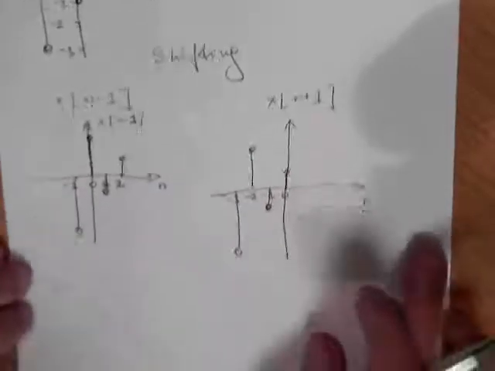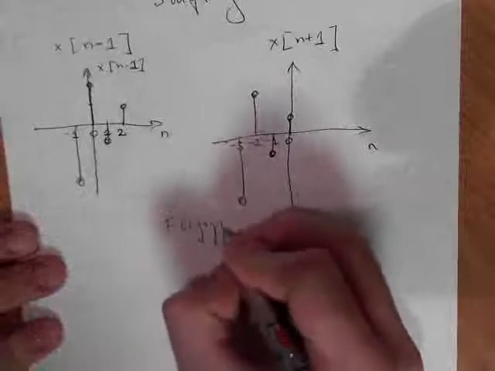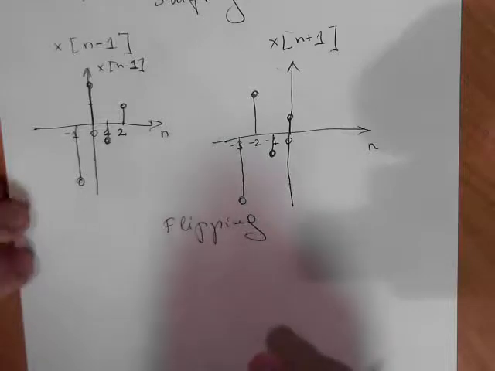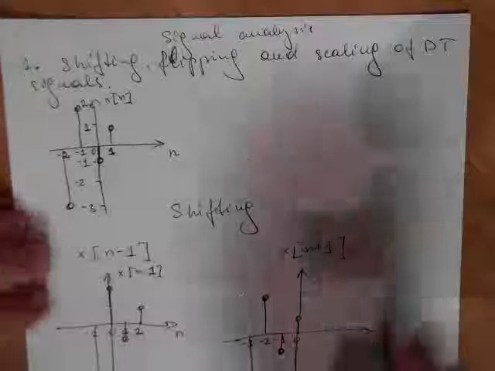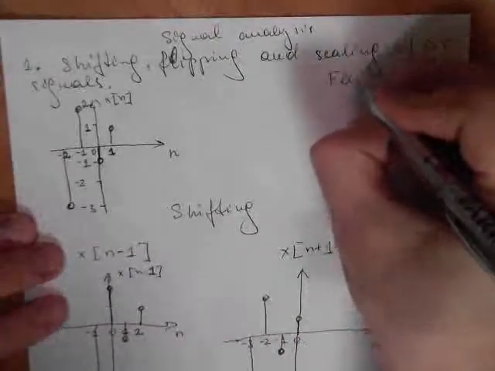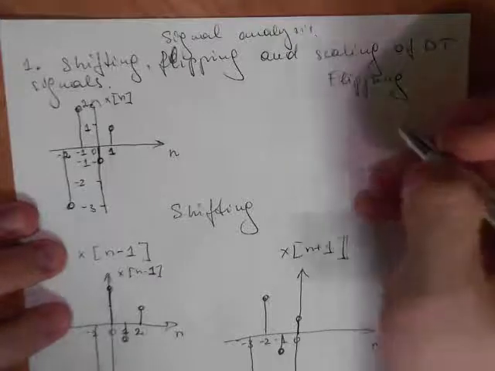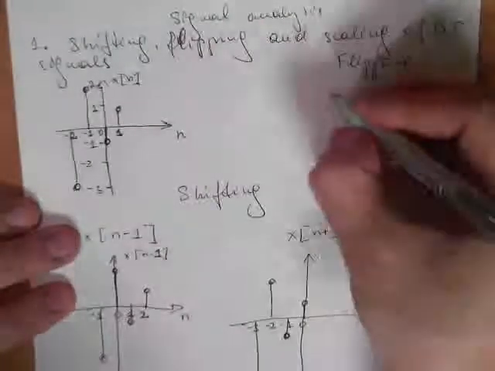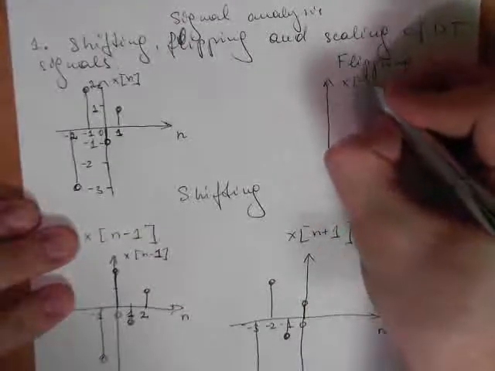Shifting now. There is another one, flipping. We may write flipping here, because there is only one situation. When we have this signal and it is flipped, then it looks like this.